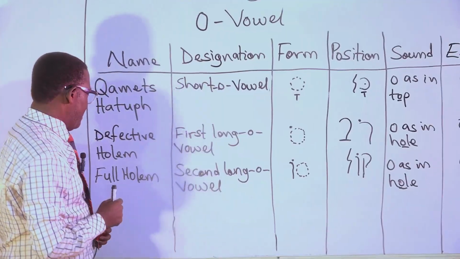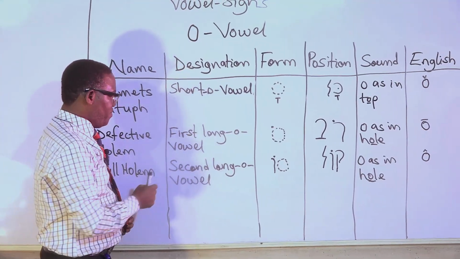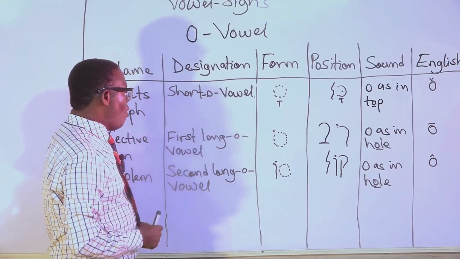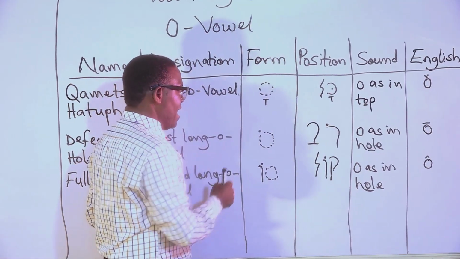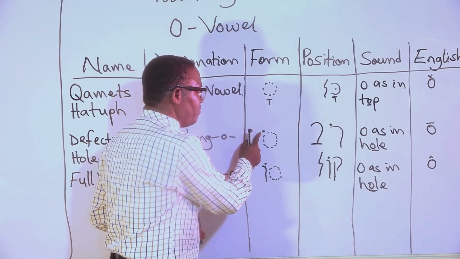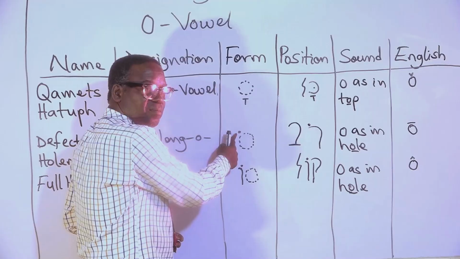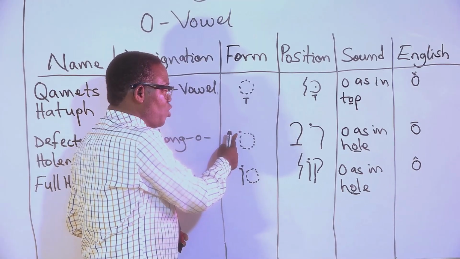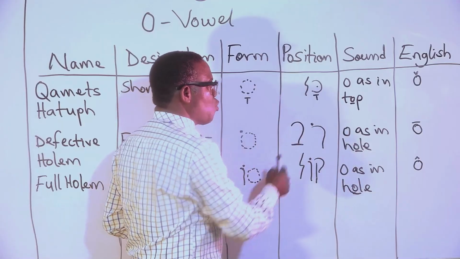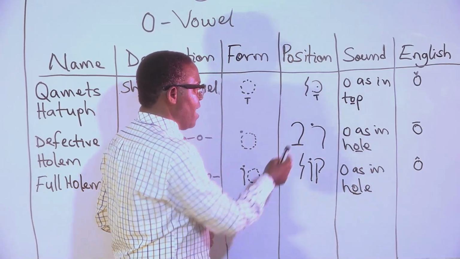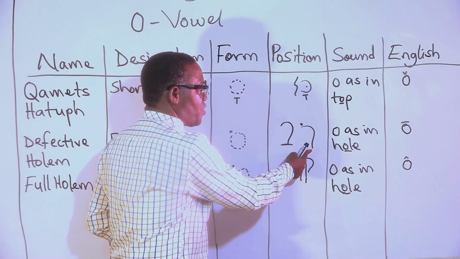Now the second one is defective olem. Defective olem is the first long O vowel in Hebrew, and it stands at the top of the consonant, on the left hand top of the consonant, as it appears on this consonant, wretch.